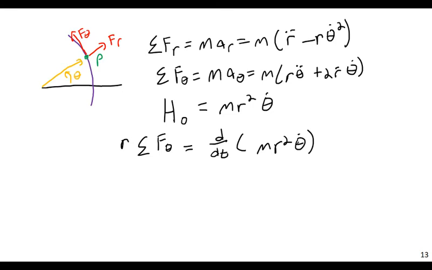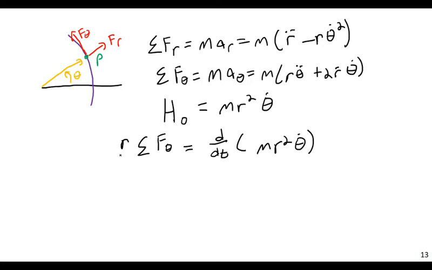Just like we remember from previous lectures, force can be thought of as a rate of change in linear momentum. We can also think of a transverse force as a rate of change in angular momentum if we multiply by r.